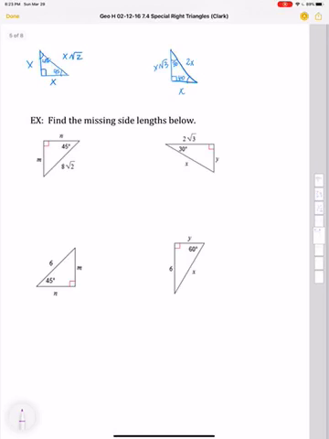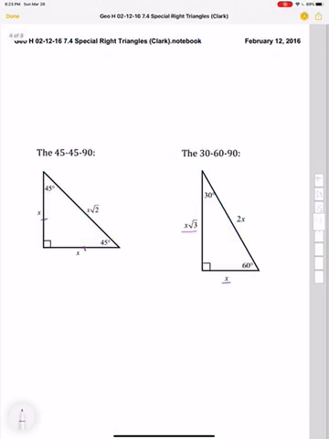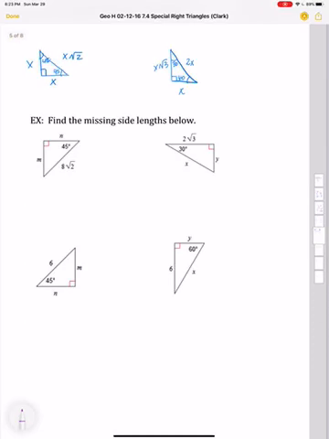So here we are with some examples, and I already wrote the reference triangles at the top, and that's what we call these. We refer back to these relationships to solve them, so they're called the reference triangles. So the first thing to know, while you guys draw those onto your notes, is you have to identify what kind of triangle it is.